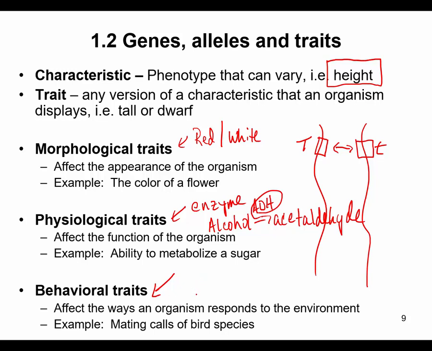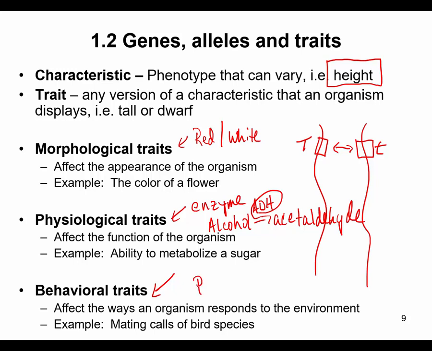I'll tell you one very cool thing in biology: there are some behavioral traits in very young organisms, babies and just juvenile organisms. And these traits are supposed to go away as the organism matures into an adult.